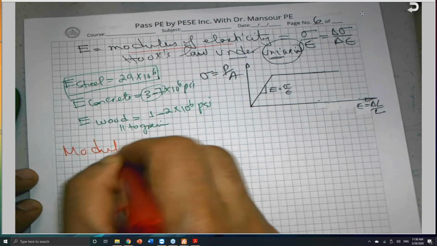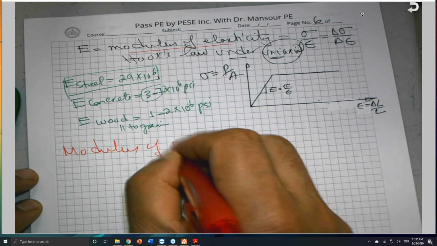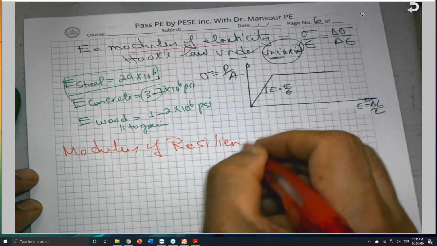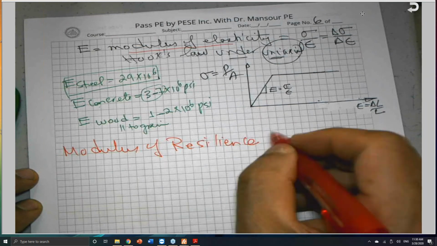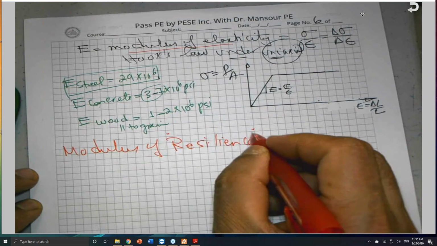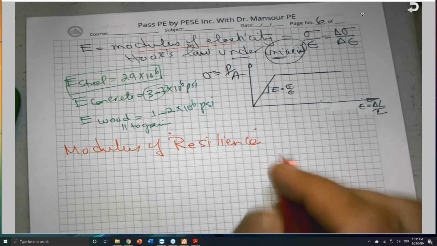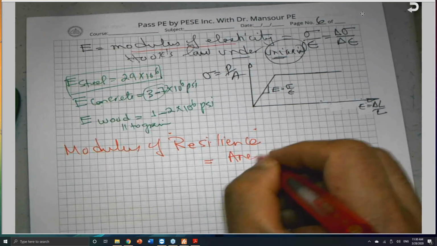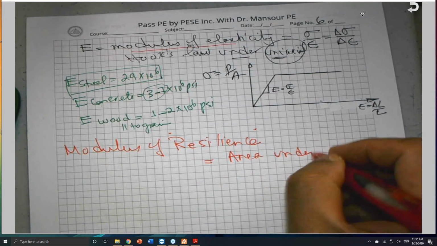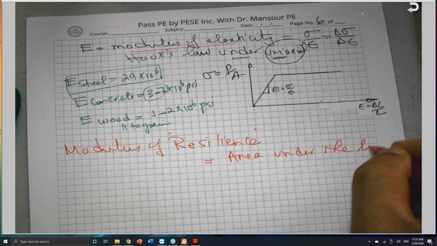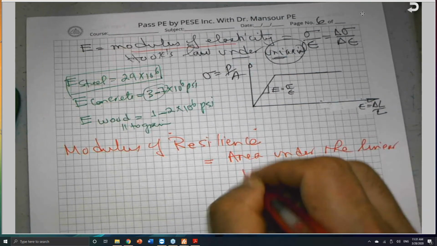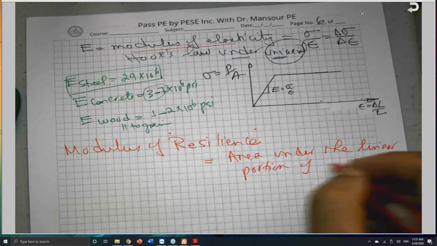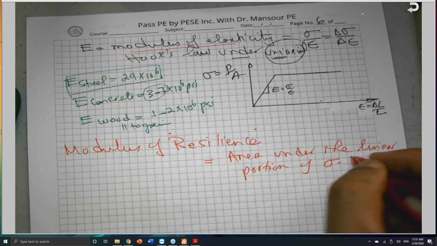We call it the modulus of resilience, or simply resilience. Some books call it modulus of resilience or resilience only. This is the area under the linear portion of the sigma-epsilon curve.